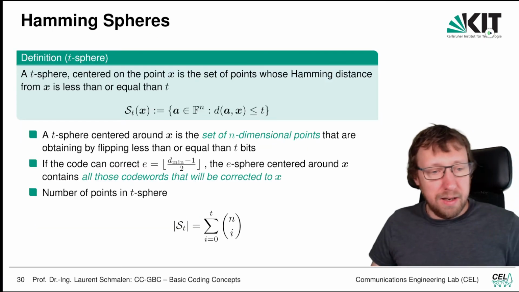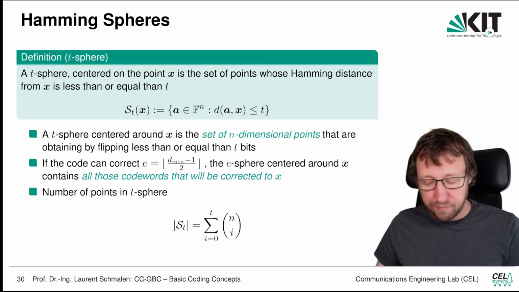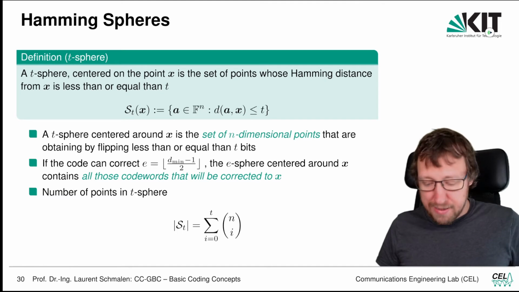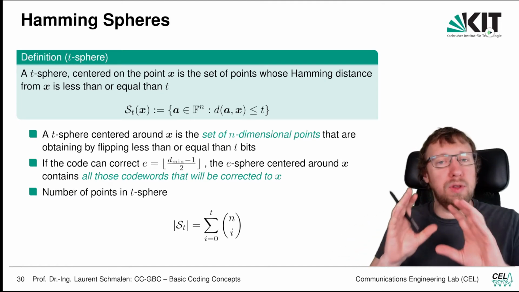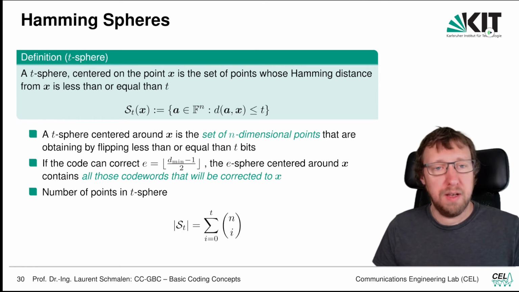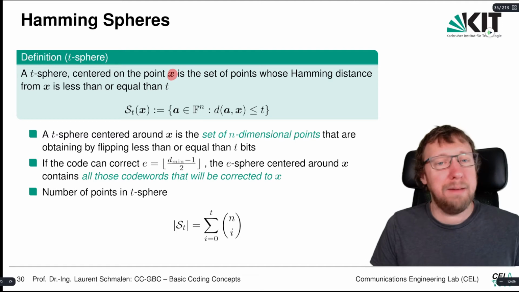With this, we can define something called the hemispheres. A sphere is essentially a ball that we put around the code word. So we say we have a point X, which is an n-dimensional point.